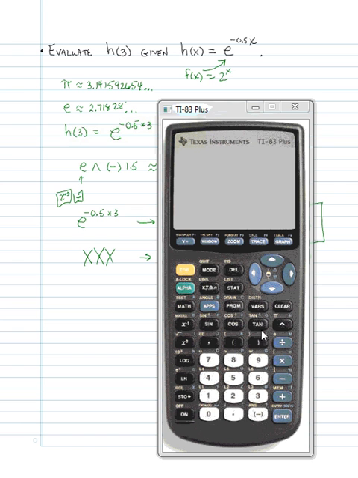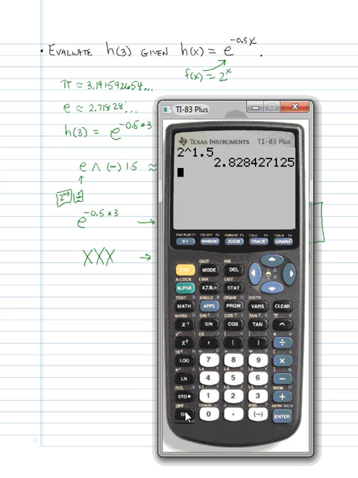The gold things above the keys mean that we have to press this gold key here, which is second. So to get that E, I press second. Oh, I've got to turn my calculator on. Let me clear what we've done before. I press second, and then this division bar, and you can see E will show up.